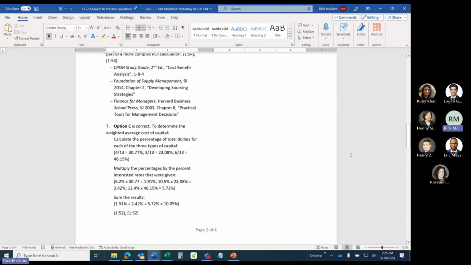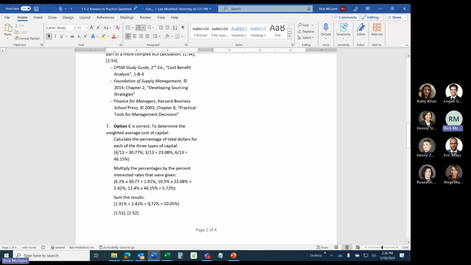7 is also Charlie. To determine the weighted average cost of capital, there's a couple of ways you can do it. But basically, what these guys did was they determined the cost of capital with each of these 3 different types, and then multiplied by each interest rate and added them up.